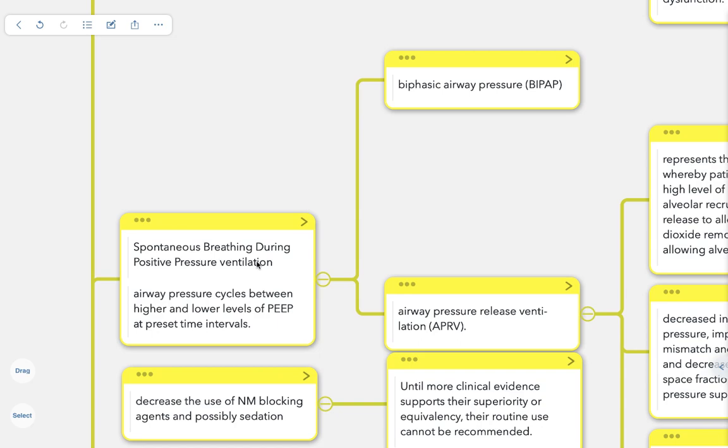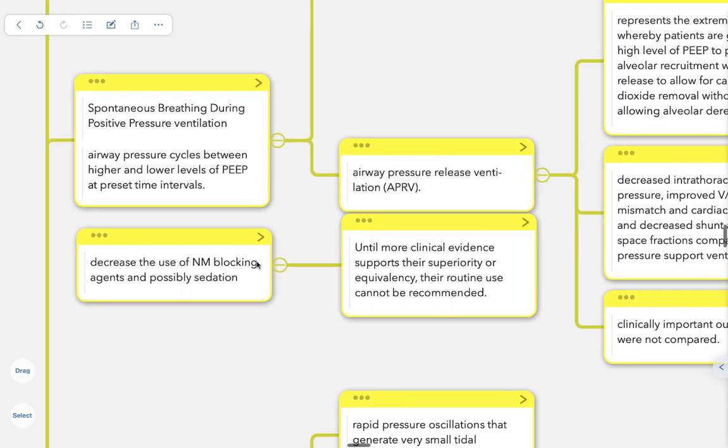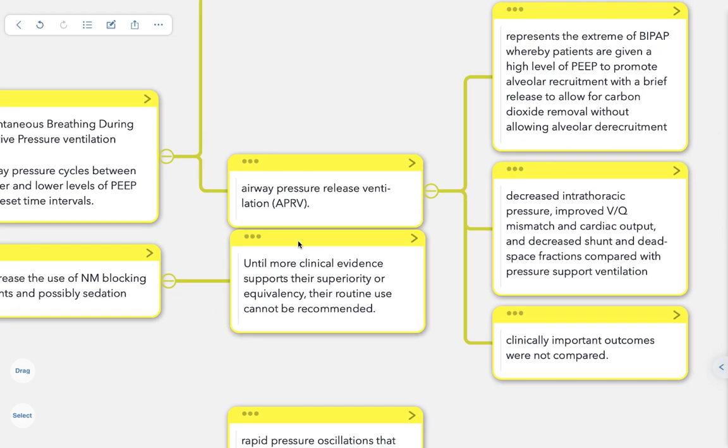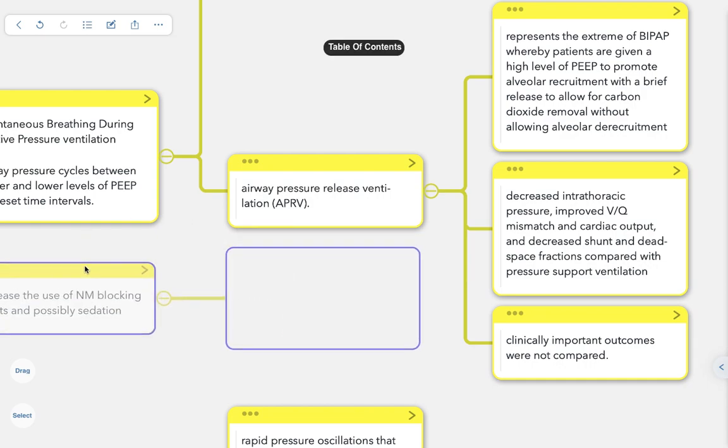Broadly, these are divided into two: the biphasic airway pressure or BiPAP, and the airway pressure release ventilation or APRV. The advantage of spontaneous breathing during PPV is that it decreases the use of neuromuscular blocking agents and possibly sedation. But again, the routine use of this is not recommended.